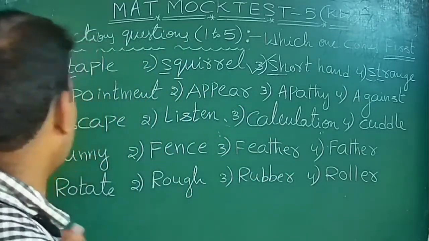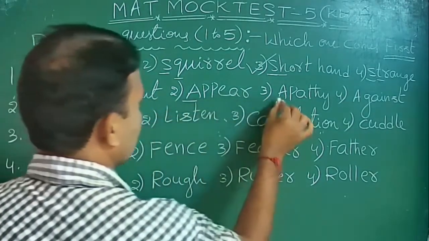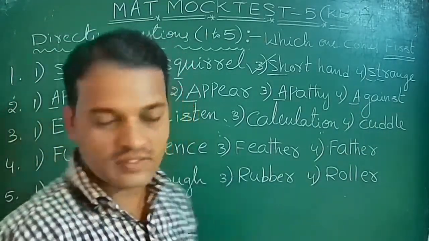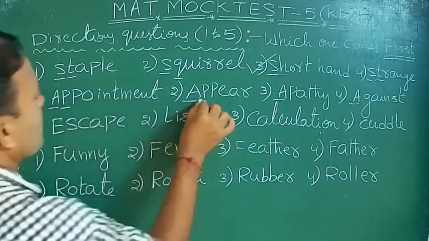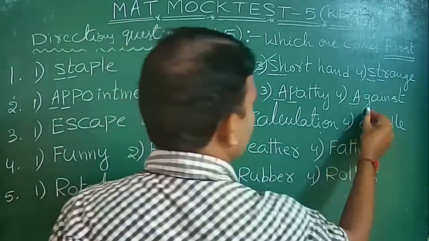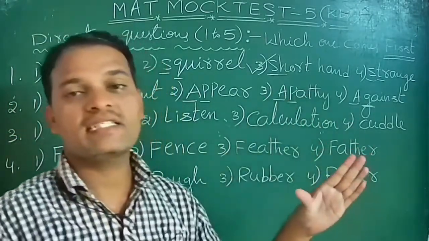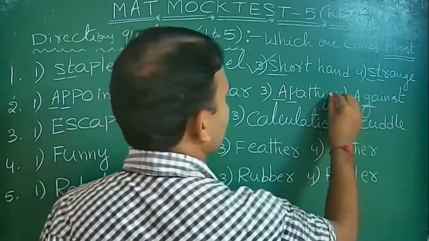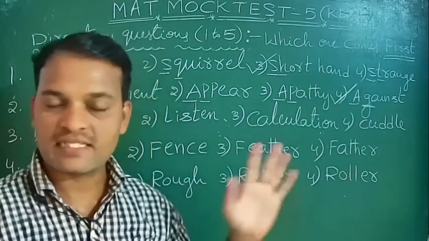Go for the first letter: A, and here also A. Next go for the second letter: P, P, P, and here G. P is 16, G is 7. So G is the least letter in alphabetical order, and the first word will be against in the second question.